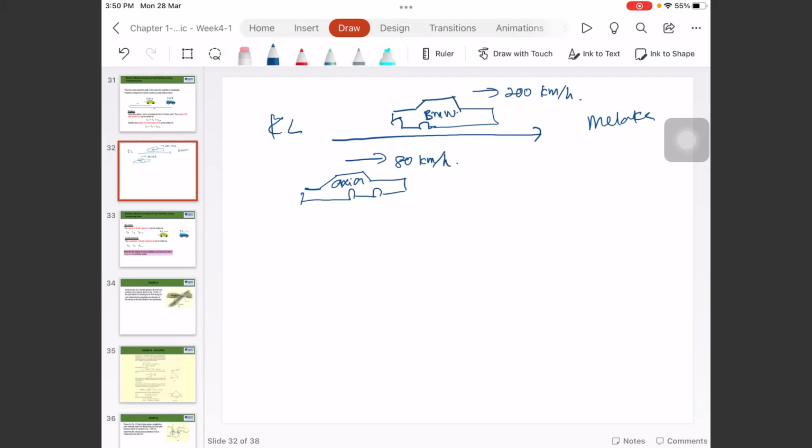Kereta BMW cakap aku dah agak laju dah, 200 km sejam ni. Tapi Asia cakap mana ada, slow je tengok. Rupanya Asia tengok BMW tu bergerak secara relative motion.